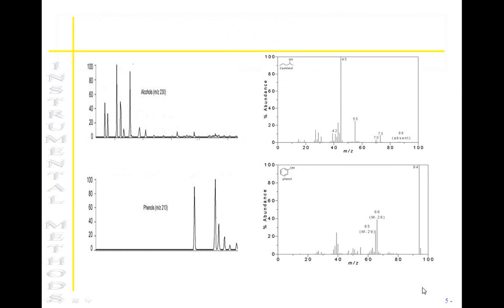So with this type of instrument, a gas chromatograph with a mass spectrometer, you get two different forms of data. You get the chromatogram on the left that shows the separation of the materials, but then for each peak on the chromatogram, you can also obtain the mass to charge ionization data, which is shown on the right.